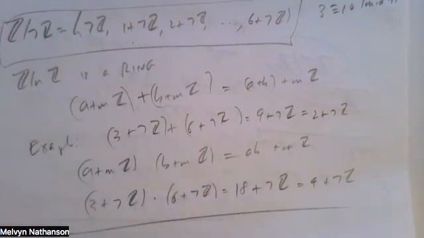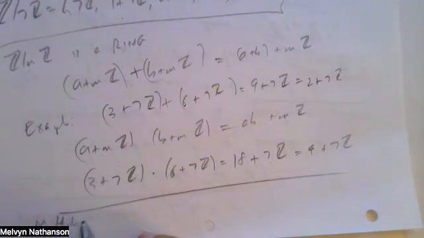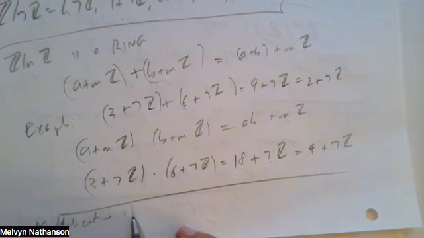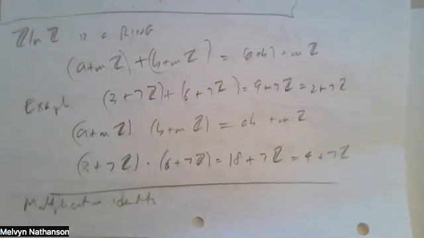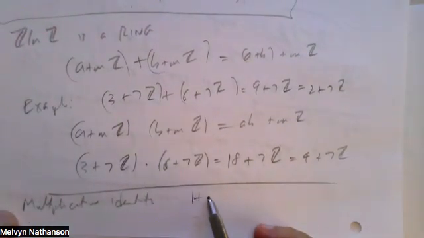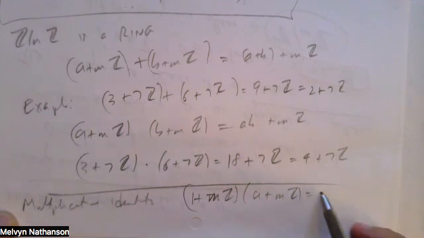Okay. And the multiplicative identity is the congruence class 1 plus mZ. Because if you multiply that by any congruence class a plus mZ, you get 1 times a, or a plus mZ.